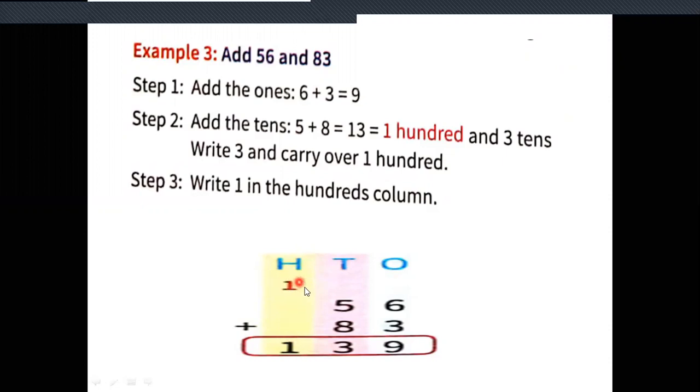Only 1 is there. So 1 plus nothing, 1 plus 0 will be 1 only. So 1 you can write it here. Understood? If two numbers, tens and ones only they have given, you have to do like this. In tens place, if 13 comes, that is 100 and 3 tens. That 100 you have to carry over to the hundreds place and you can write like this.